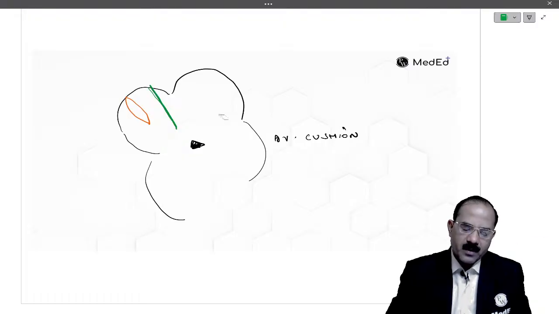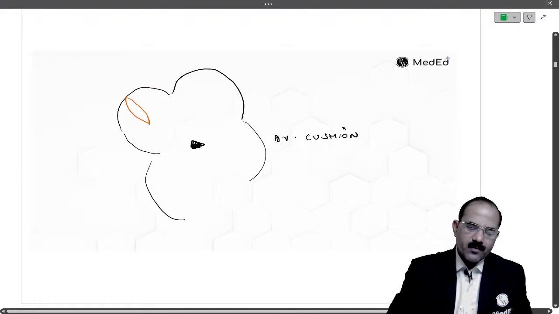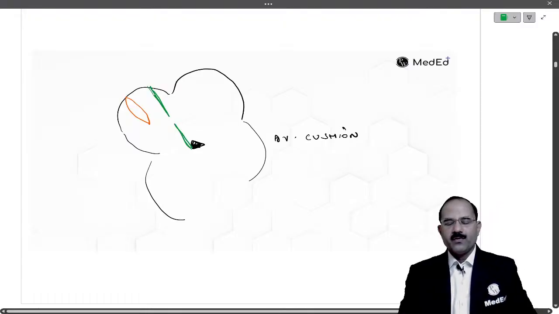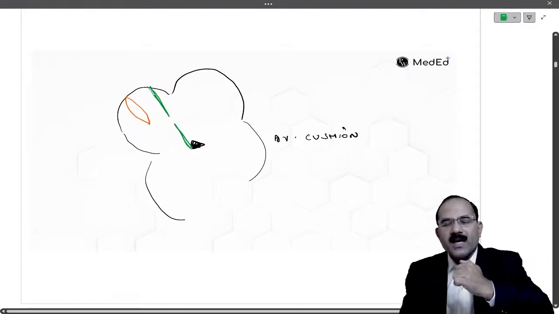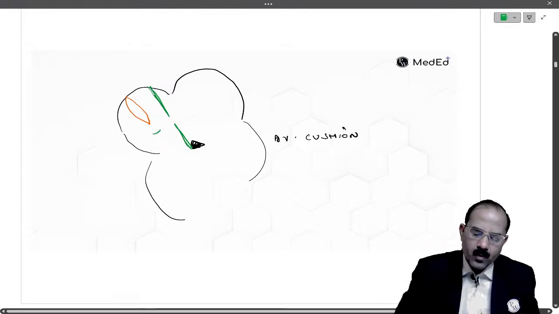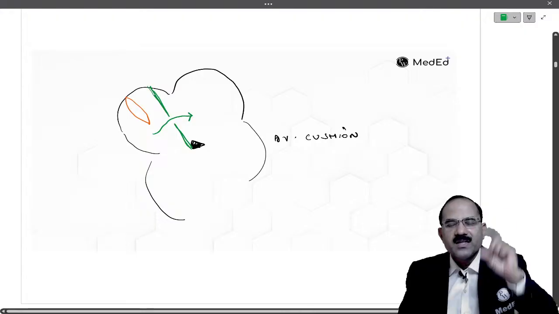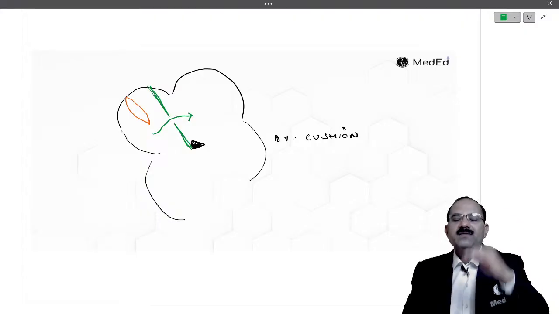Now this septum primum fuses with the AV cushion, and as it fuses, it breaks off in between. What is this opening now known as? This opening is now known as the ostium secundum or foramen secundum.